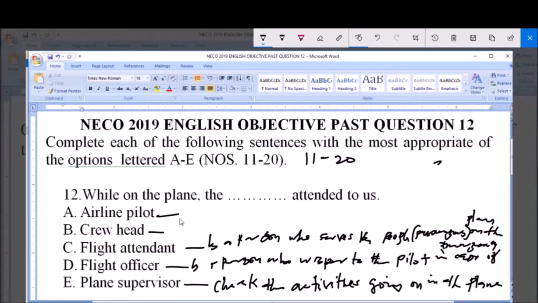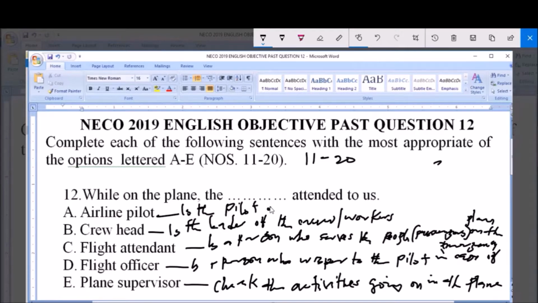Then crew head is the leader of the crew or workers. Crew means a collection of workers or staff. Then airline pilot is the pilot of the plane.